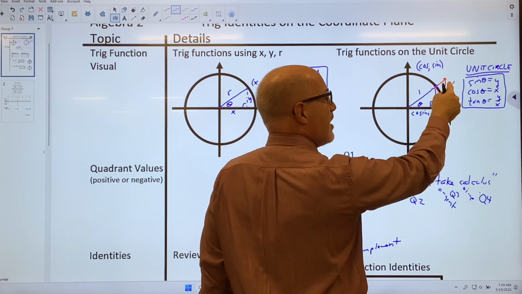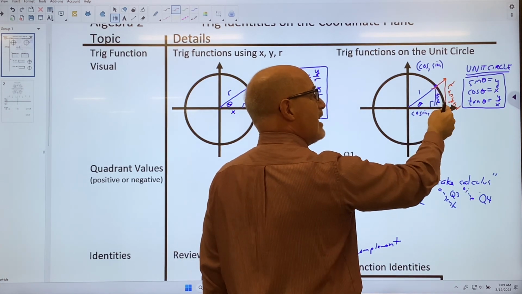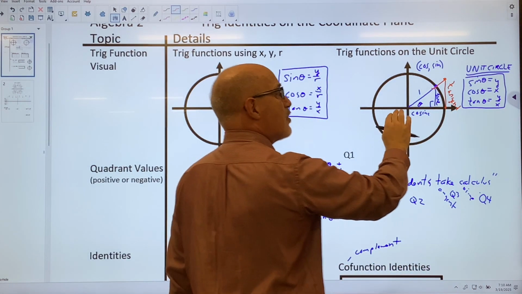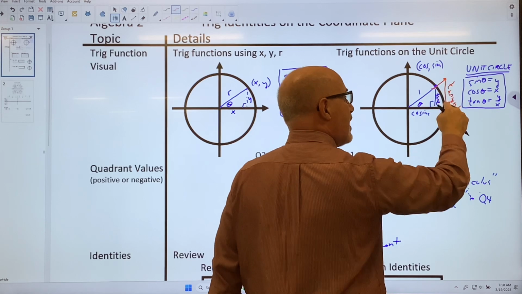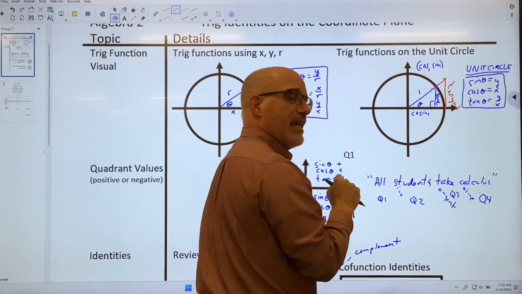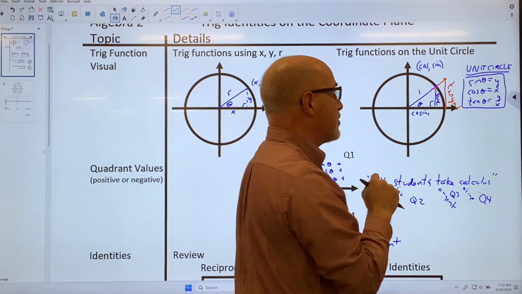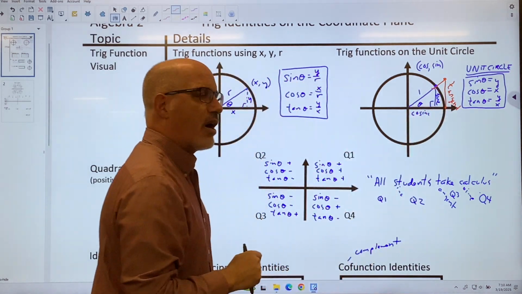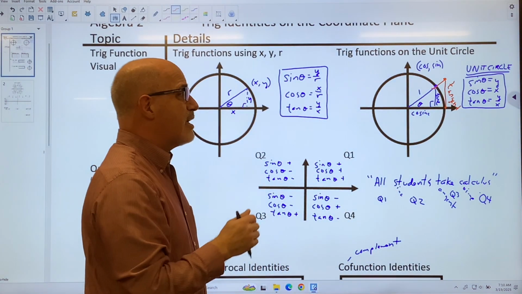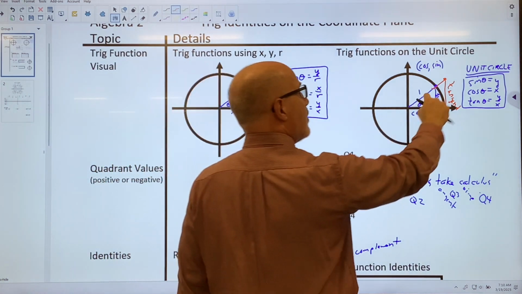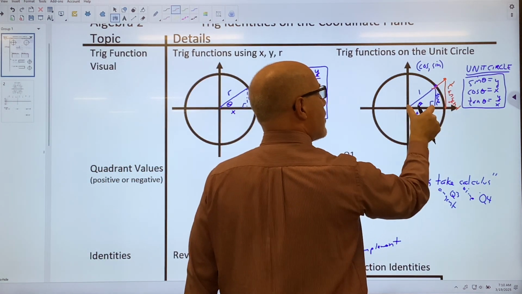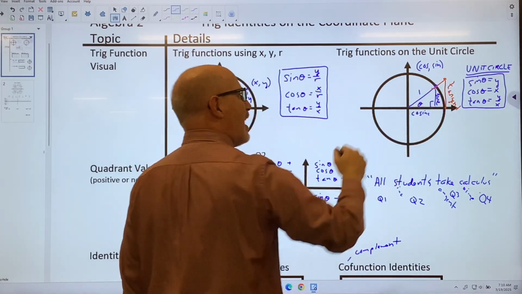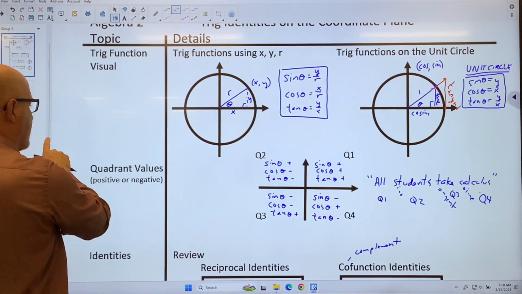This side over 1, which is the radius of the unit circle, is equal to sine over cosine, because those are similar triangles. So visually in the unit circle, sine is the y value, cosine's the x, and if you draw a tangent out here and extend out, that length is the length of tangent.